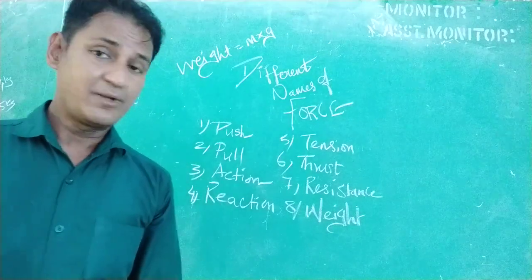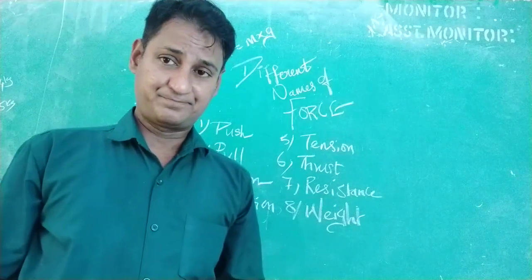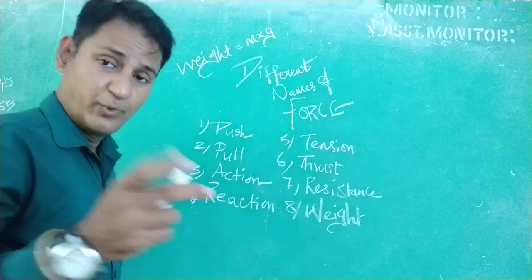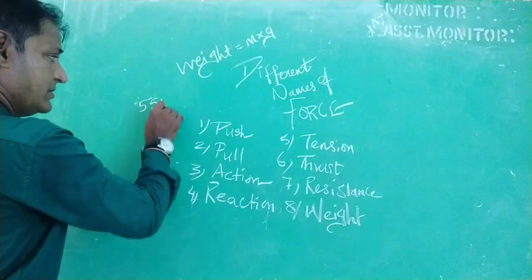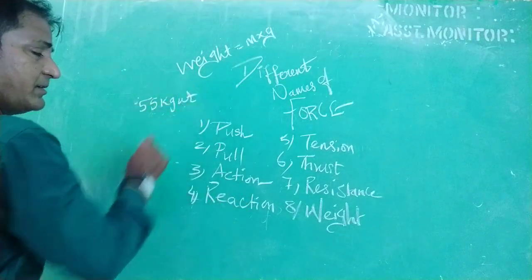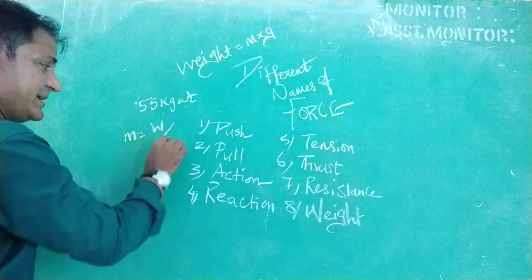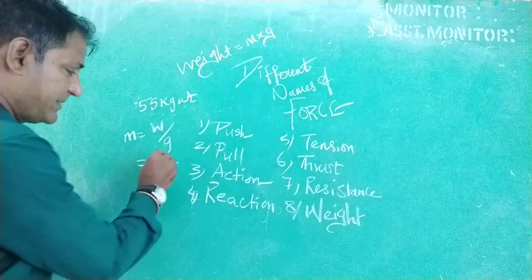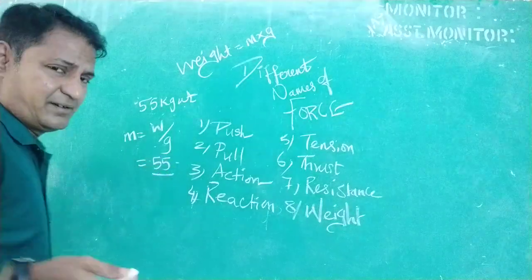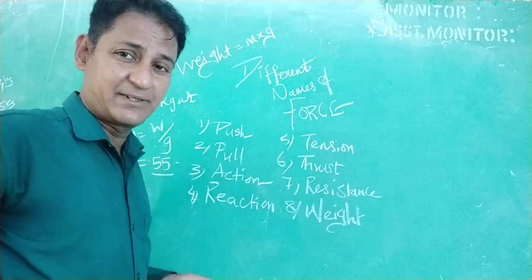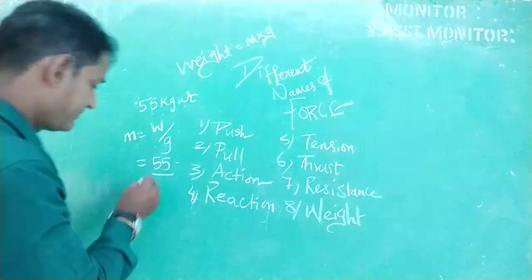Mass is different from weight because, for example, my weight is 55 kg weight. To find out my mass, m is equal to w by g. My weight is 55. The gravity on the earth is 9.8. Consider in Madras it is 10.